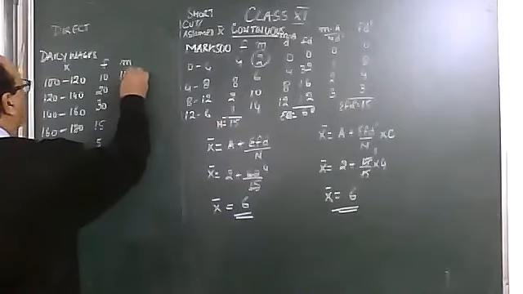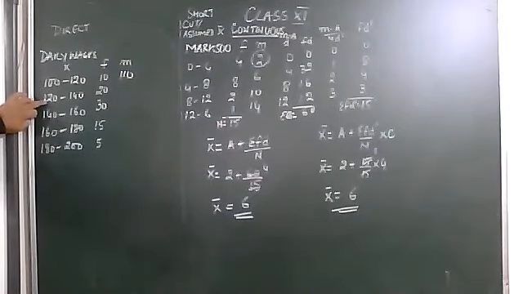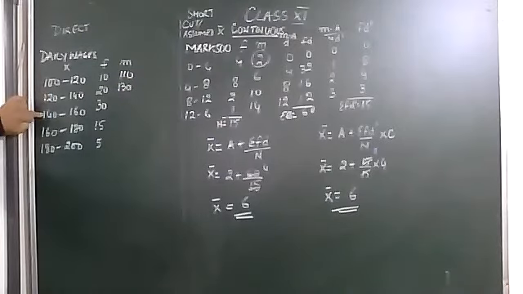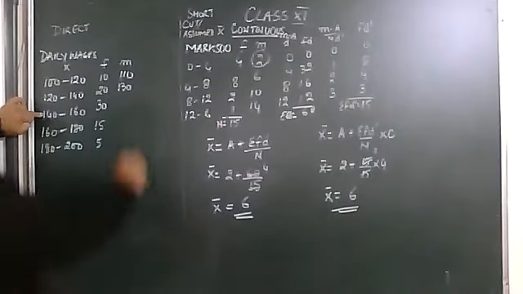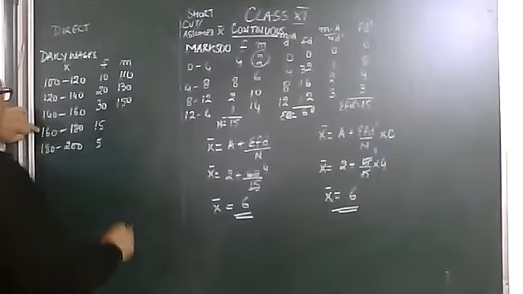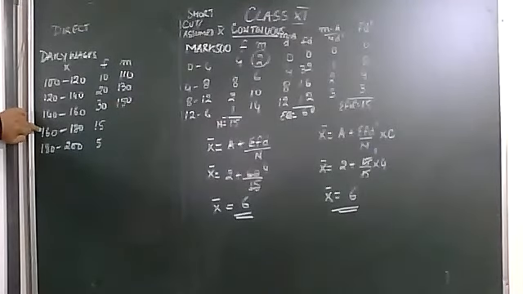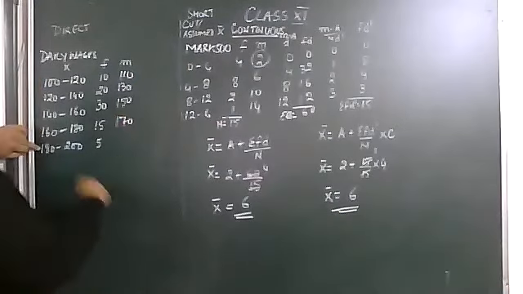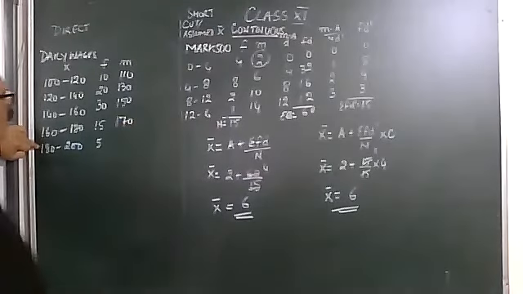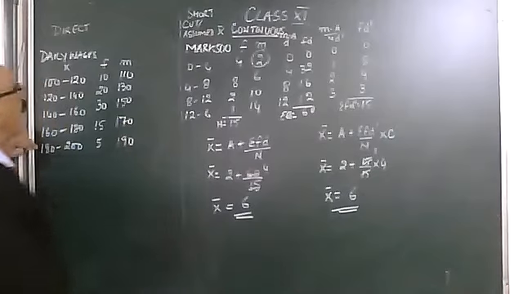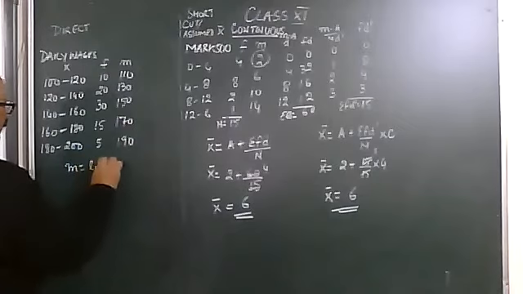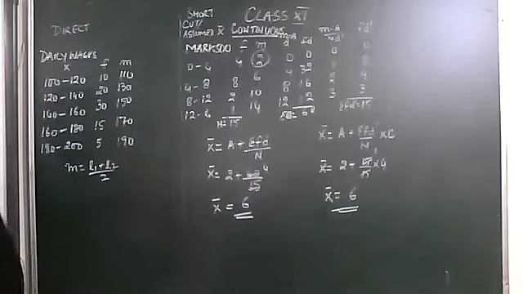Then 260 divided by 2, that is 130. 140 plus 160 is how much? 300 divided by 2, 150. 180 plus 160, 340 divided by 2, 170. 380 divided by 2 will be 190. Midpoints are found out. If you want to show it, midpoint is equal to L1 plus L2 divided by 2.